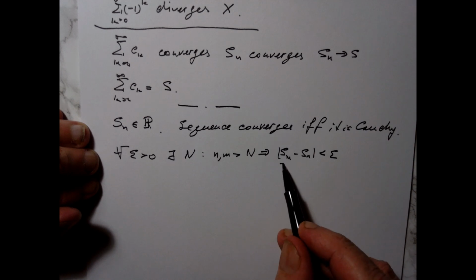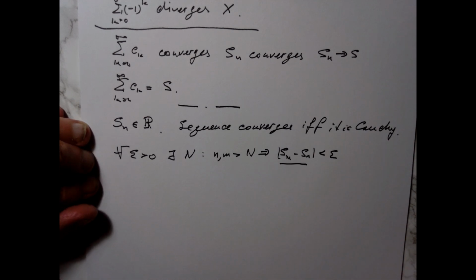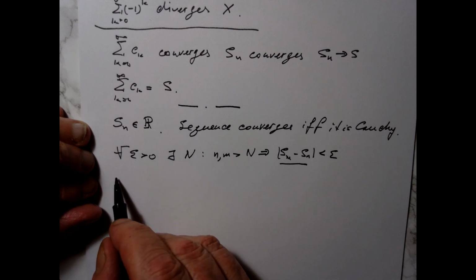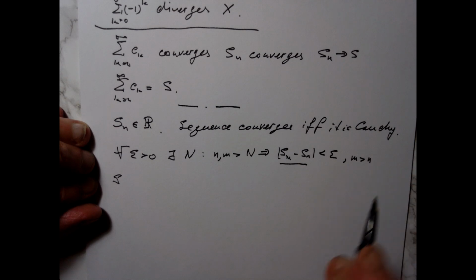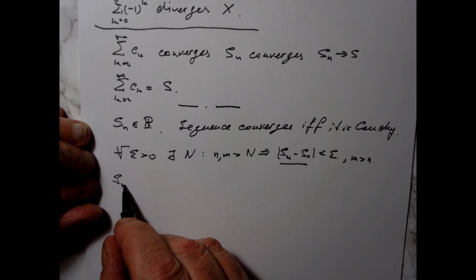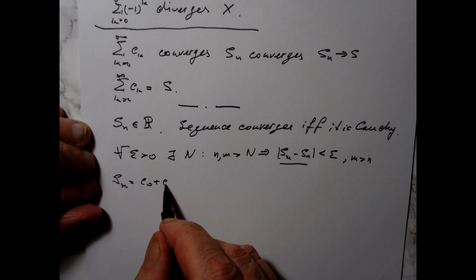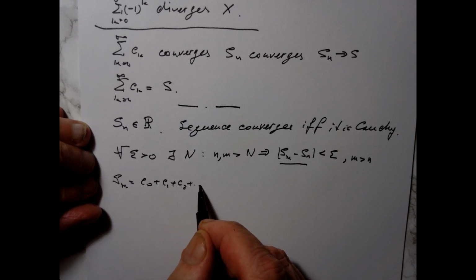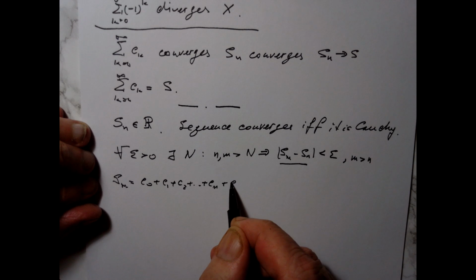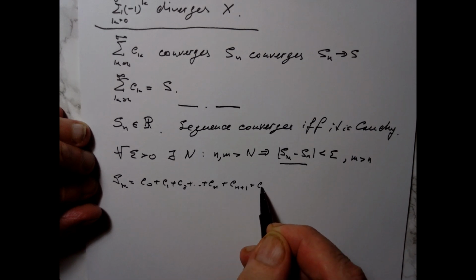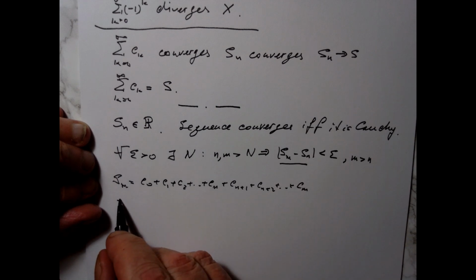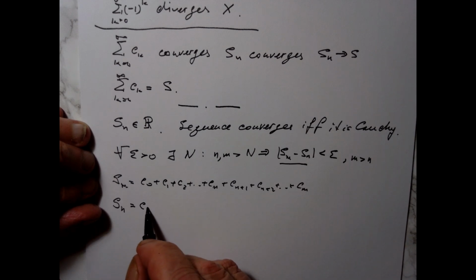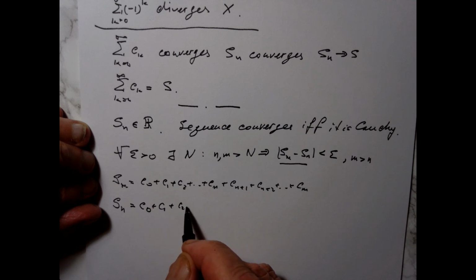So what is Sm minus Sn? In the case of partial sums, it is actually a nice expression. Suppose that m is greater than n. In that case, Sm is equal to C0 plus C1 plus C2 plus etc. plus Cn plus Cn+1 plus Cn+2 plus etc., all the way to Cm. Sn is equal to C0 plus C1 plus C2, the same thing, plus Cn, and then it stops here.